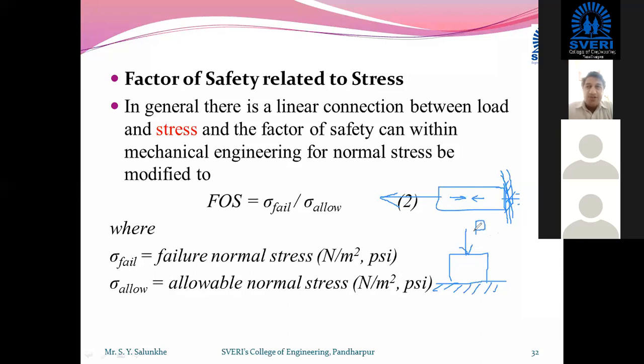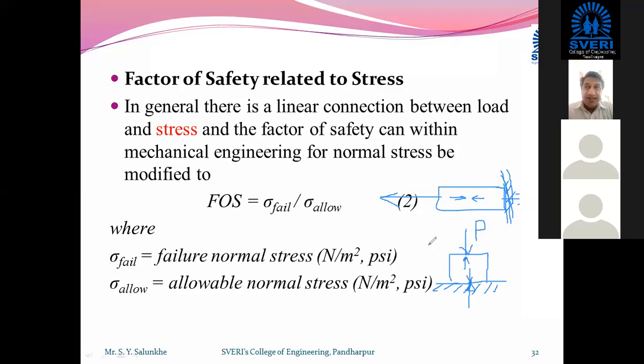Stress actually cannot be said to be towards the rigid support or towards the applied force. It is just opposing the applied force. So when the compressive load is applied, compressive stresses get generated, which oppose the externally applied force. That you are going to call a compressive stress.